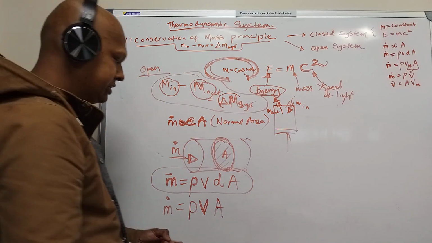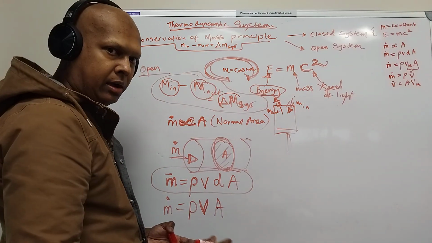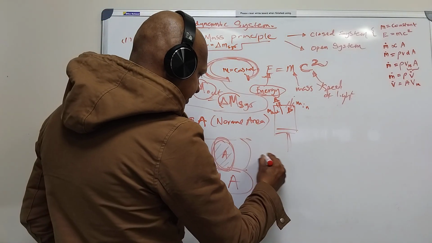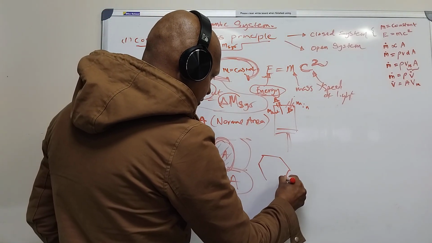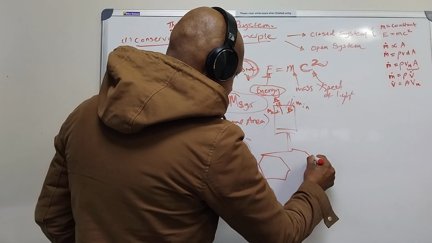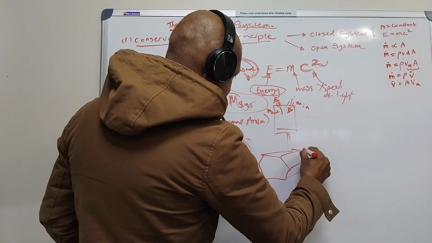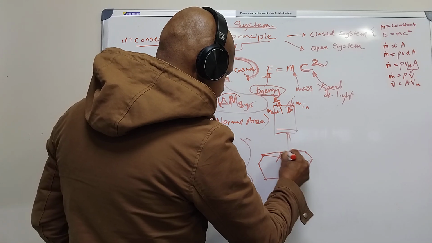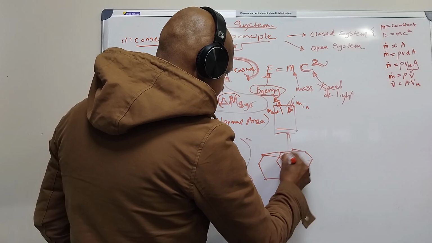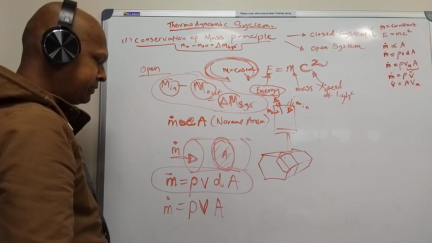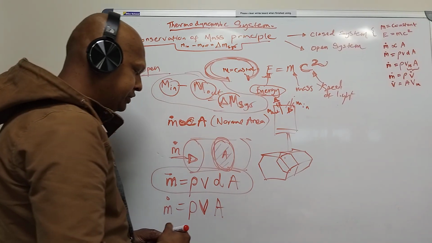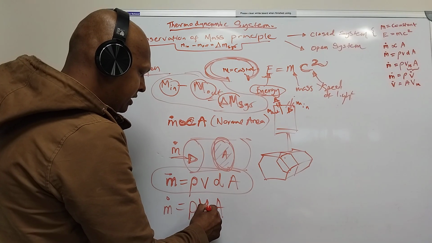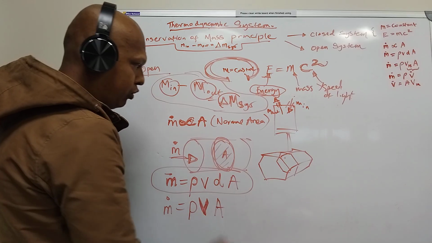But usually in a section that has a changing area, when the area changes, the mass flow rate changes. So we need to find out what the mean velocity is.